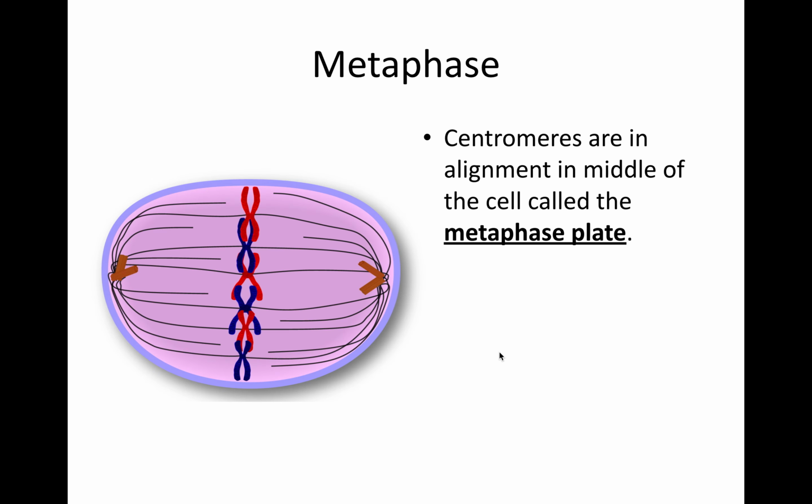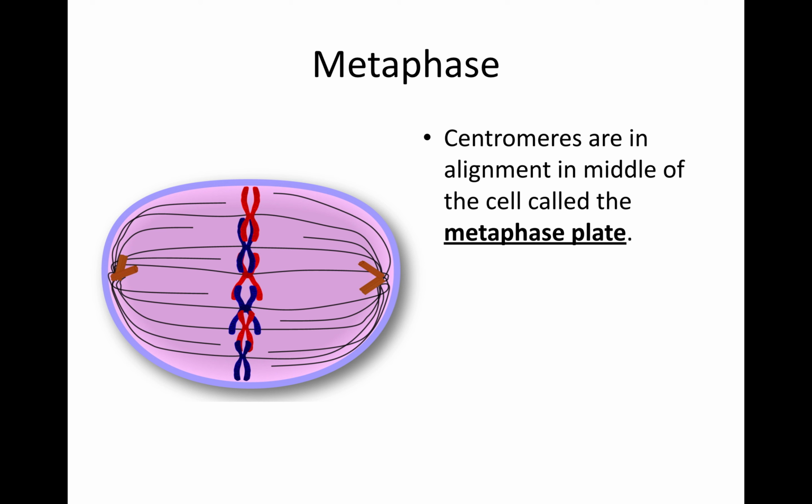All right, so the next phase in mitosis, or the way I like to remember it, is PMAT. So P stands for prophase, M stands for metaphase, okay? Metaphase is where the chromosomes line up in the middle. Metaphase, middle. Or as scientists call it, the metaphase plate. I'll take either one.